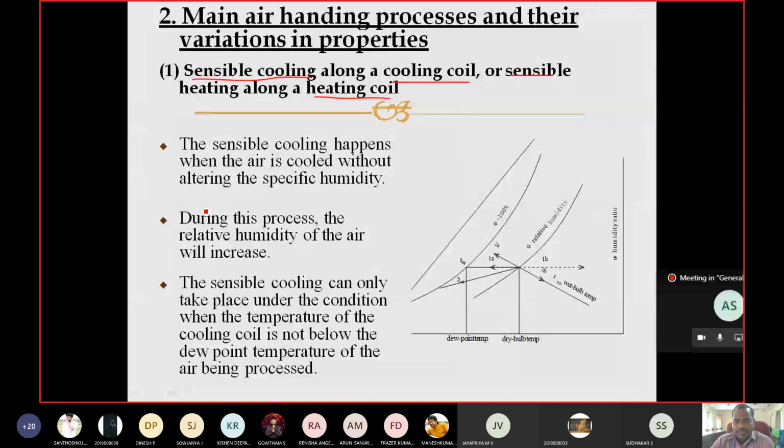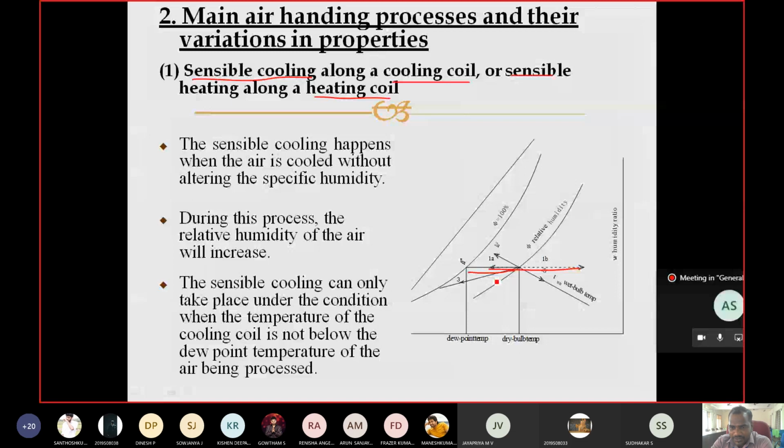During this process, the relative humidity of the air will increase. We can refer to processes 1A and 1B; this process is sensible cooling. During sensible cooling, the relative humidity of the air will increase. This is the relative humidity line, and the relative humidity increases as you cool.